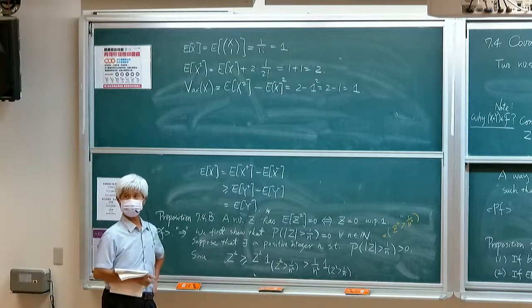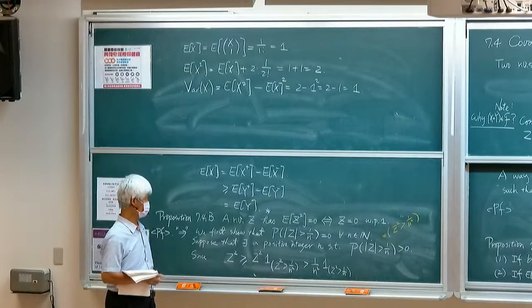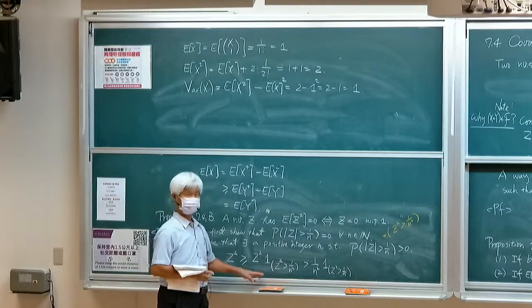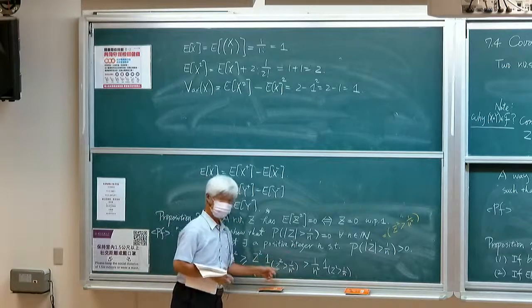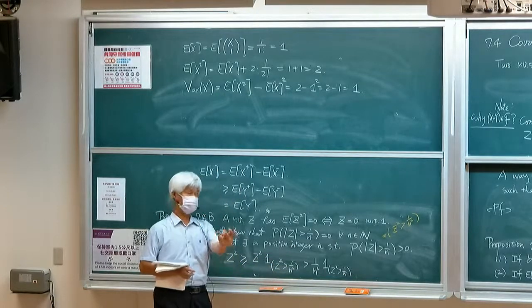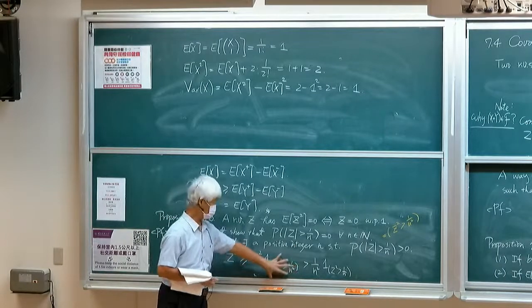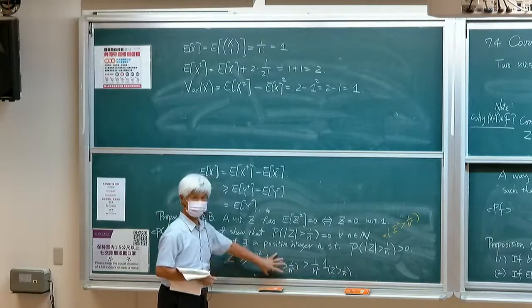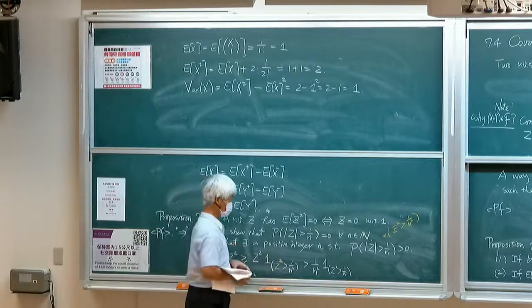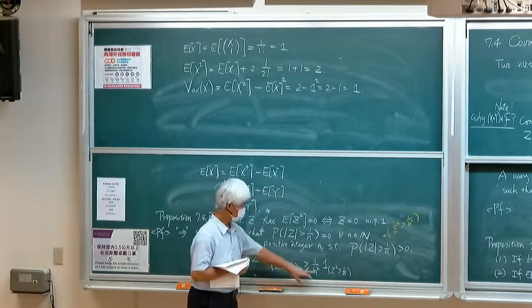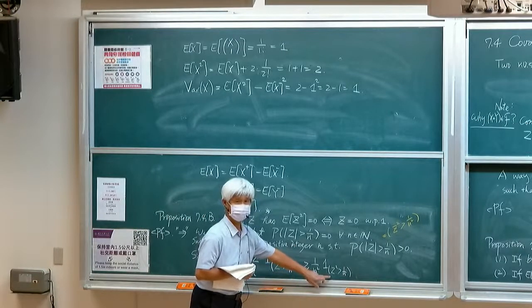Any questions? Let me explain it again. Because the indicator has value either 1 or 0. If the value is 0, then the product is 0. Okay? In that case, this is 0 too, right?